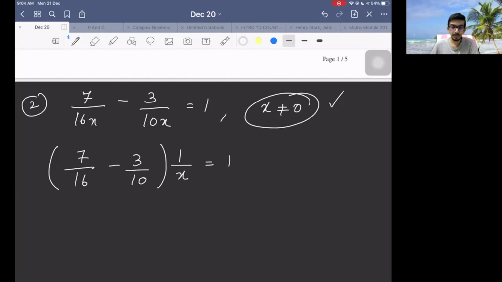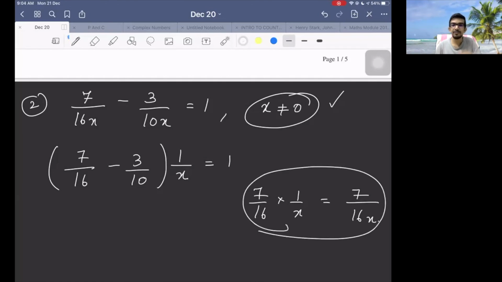If somebody is struggling, let me know, because your 7 by 16 into 1 by x is what we write as 7 by 16x. That is why I have 1 by x out. Now 1 by x, when it goes to the other side, it becomes x.